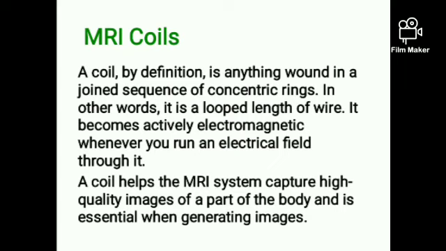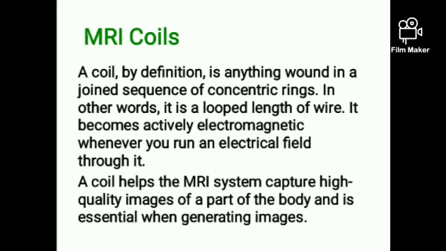In MRI we place a big magnetic field, then we pass a huge amount of current, and it creates poles, like a north pole and a south pole. Like a solenoid, where we wrap wire around an iron core and it creates a north and south pole, the same thing is our MRI coil.